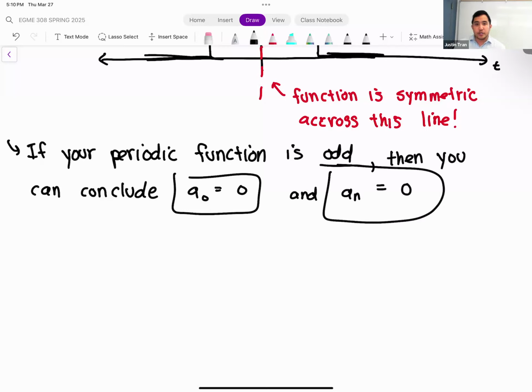And so in those situations where you have an odd input function, don't even compute a0 and an, because you're just going to end up with it being 0.